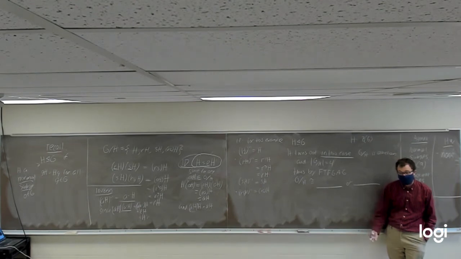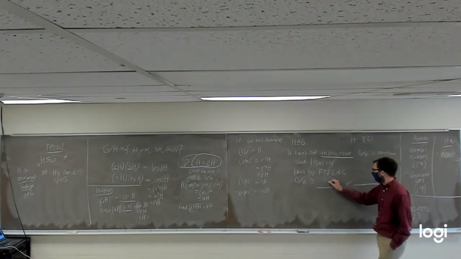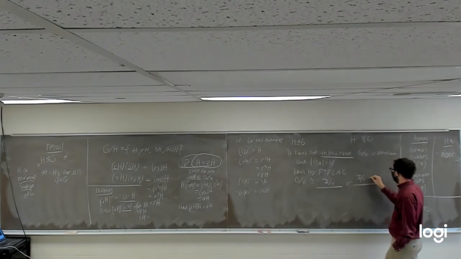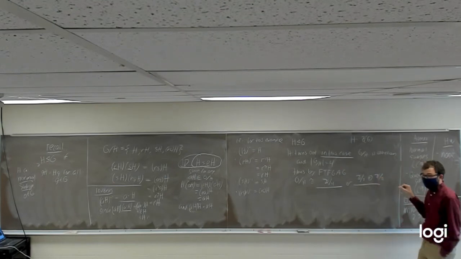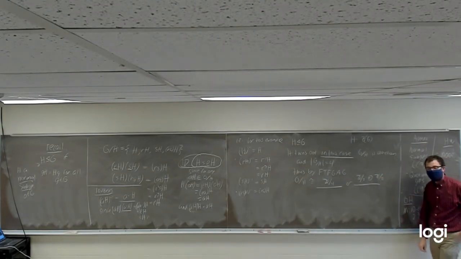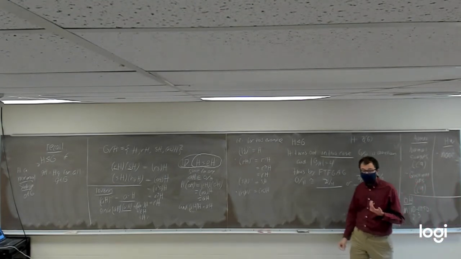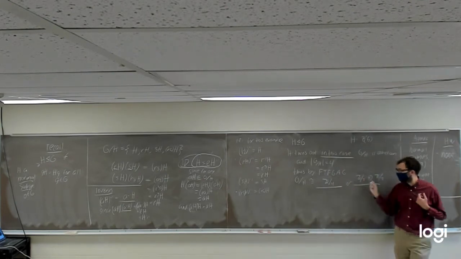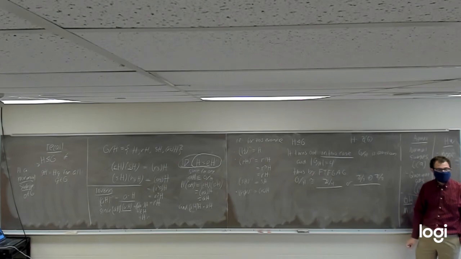Z mod 4Z, or Z mod 2Z direct product Z mod 2Z. Yeah, there are only 2 abelian groups of order 4 up to isomorphism, and I claim G mod H is isomorphic to one of these 2 things.